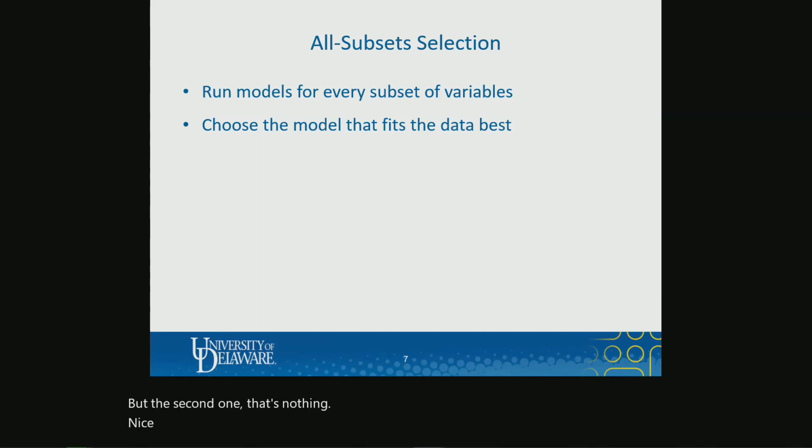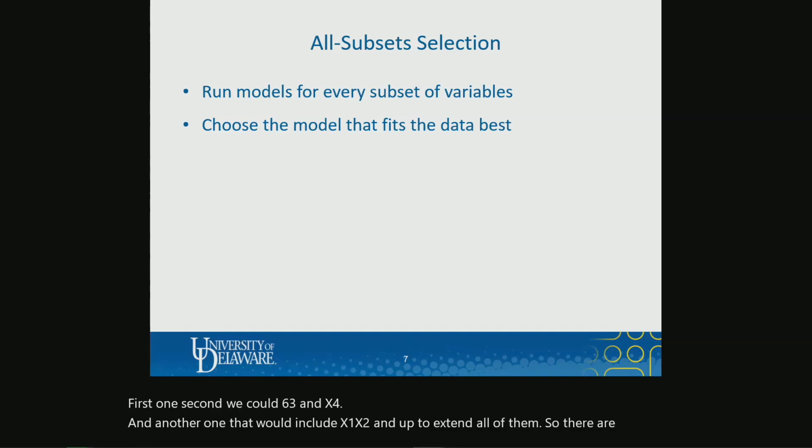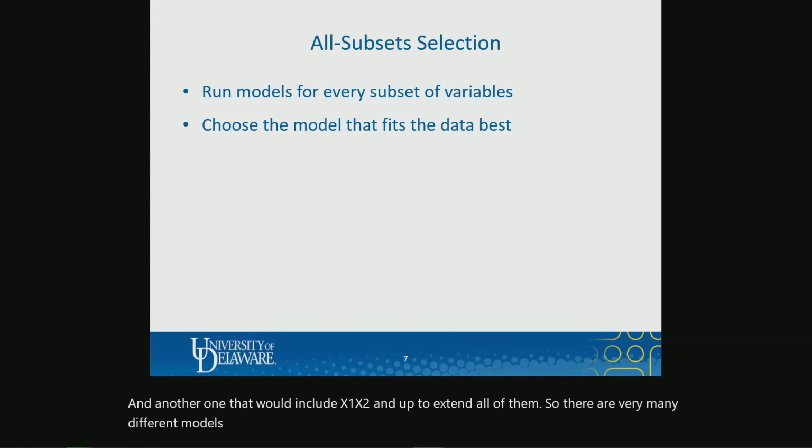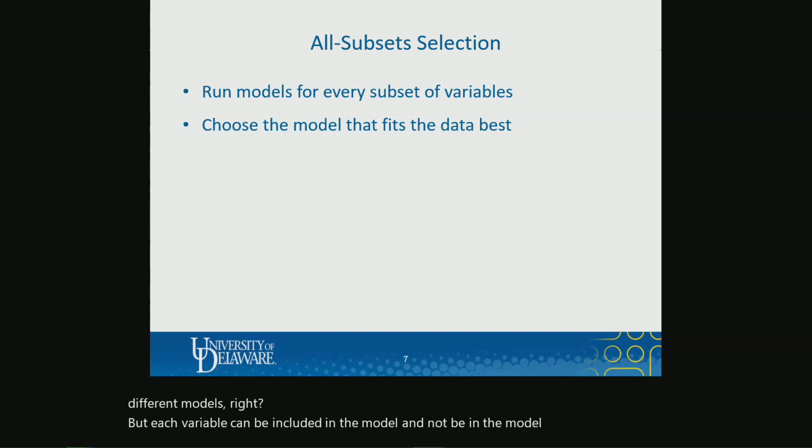Not the first, not the second, but x3 and x4. And another one would include x1, x2, and up to x10, all of them. So there are very many different models, right? But each variable can be in the model or not be in the model.